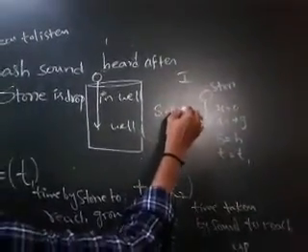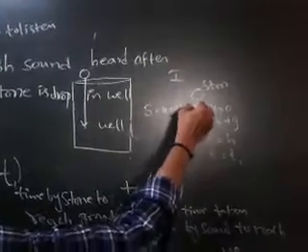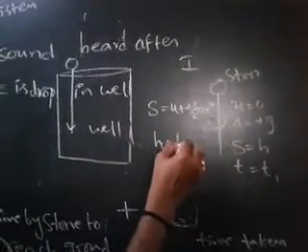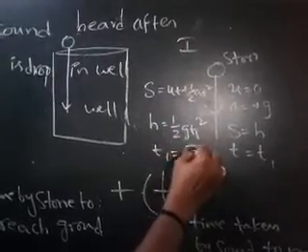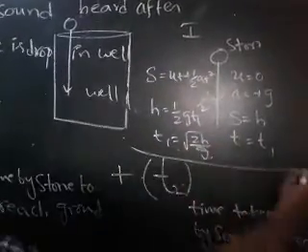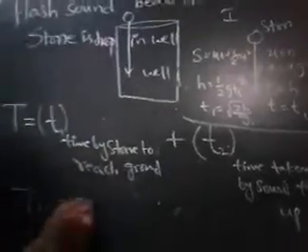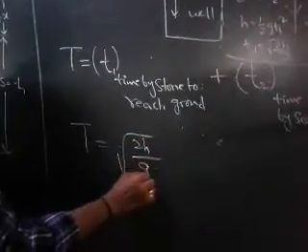Therefore s is equal to ut plus half at square, h is equal to half g t1 square, so t1 is equal to root of 2h by g.